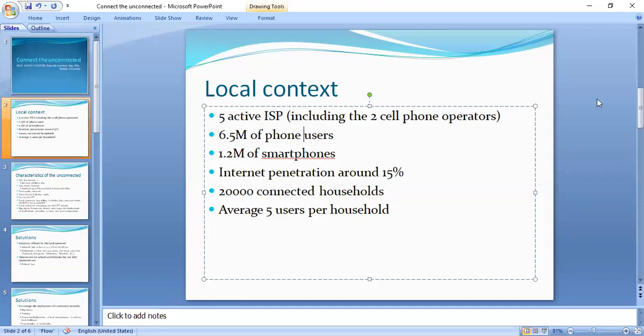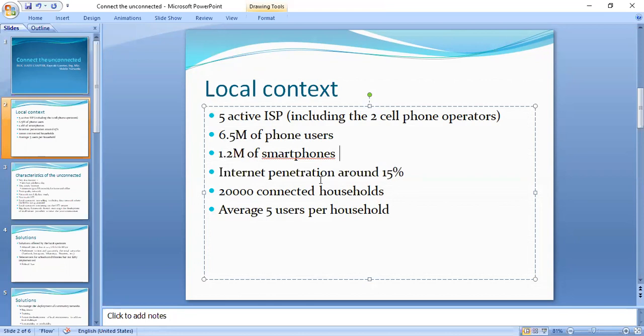In terms of tele-density, we have 6.5 million phone users, 99% of them cell phone users and some fixed wireless, with 1.2 million smartphones.